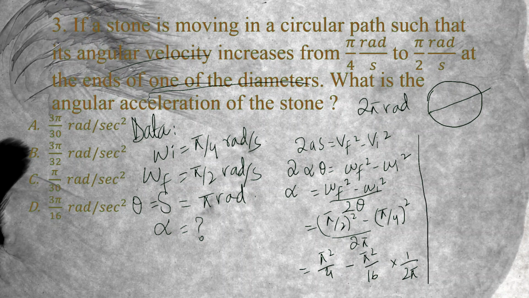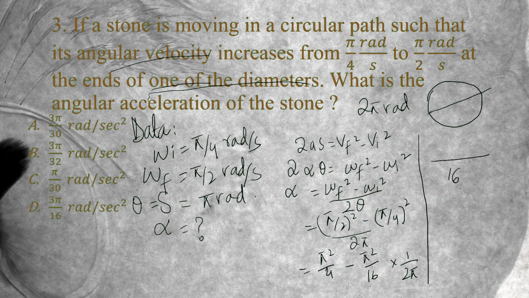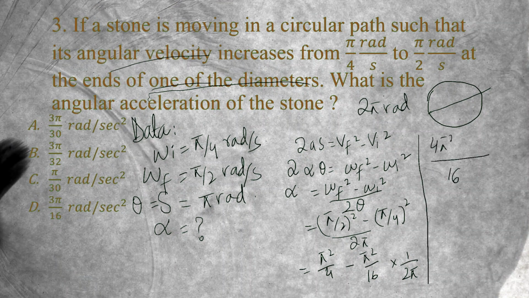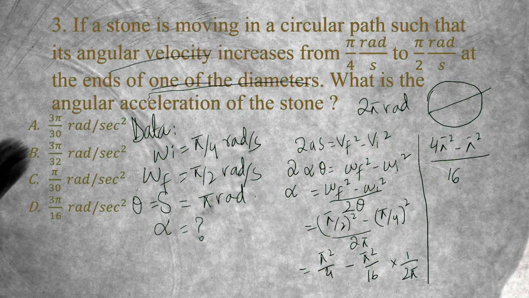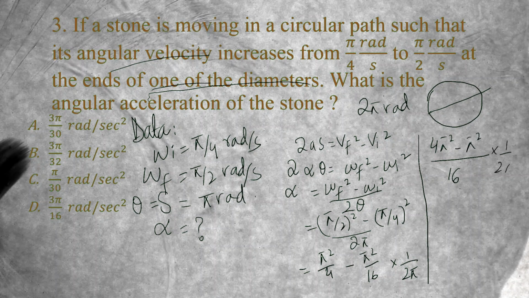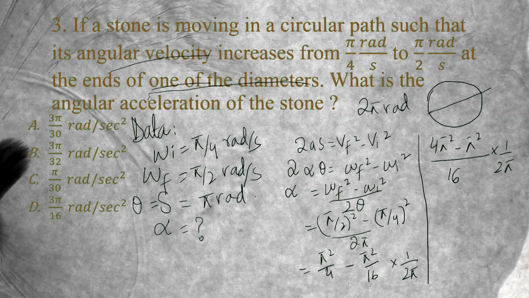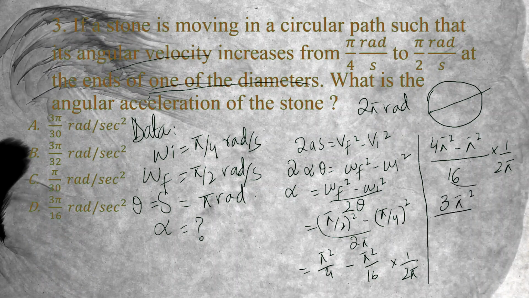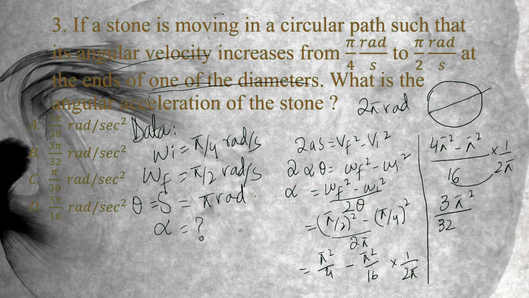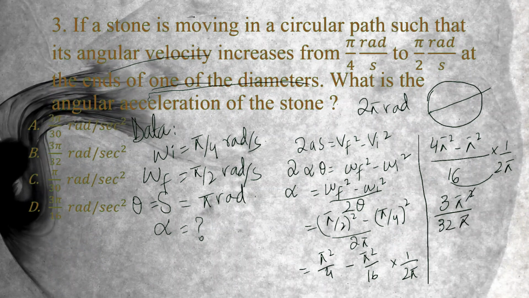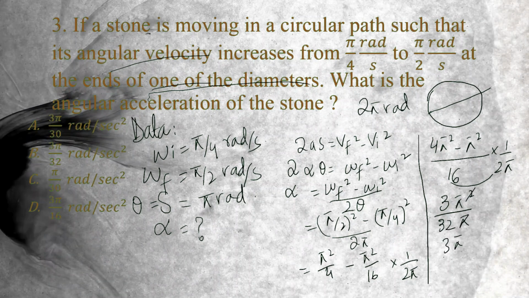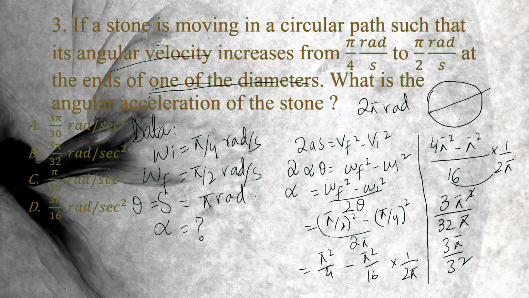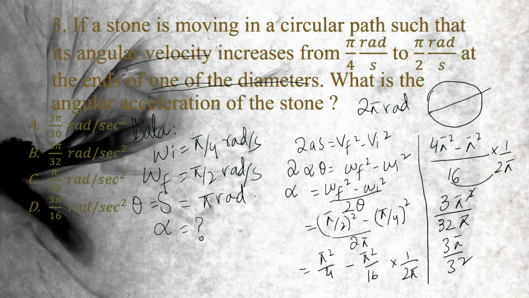So if I take LCM, the LCM will be 16 here, and it will become (4 pi square minus pi square) into 1 upon 2 pi. So 4 pi square minus pi square will be 3 pi square, and 2 into 16 will be 32, and the pi will be cancelled out with the pi, so it will be 3 pi over 32. So the correct option is B.